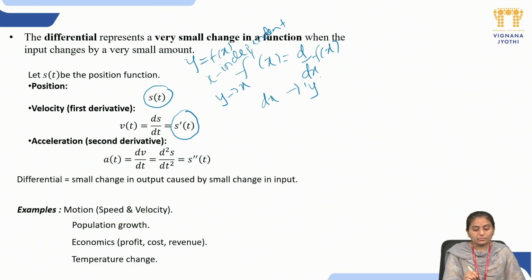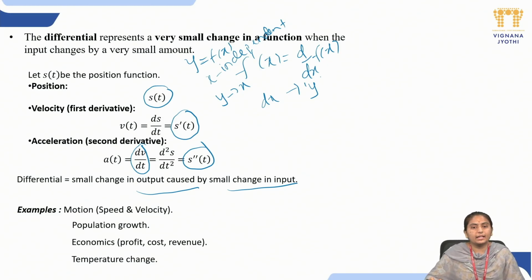And if we want to calculate the rate of change of velocity, that becomes acceleration, so dv by dt, and we get the second derivative, as we have seen, the rate of change of slope of the curve. Means the differential concept gives a small change in output caused by a small change in input.